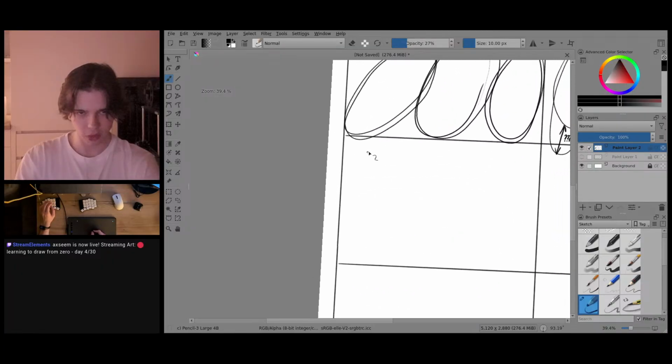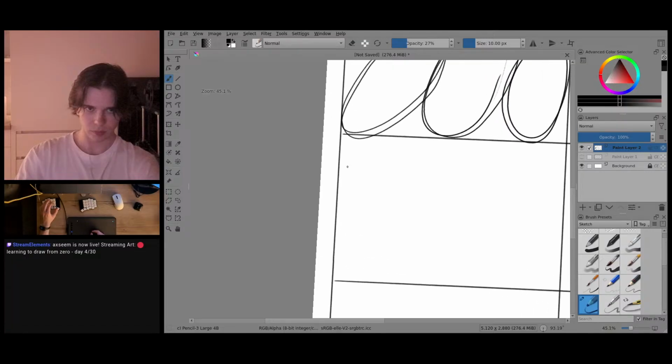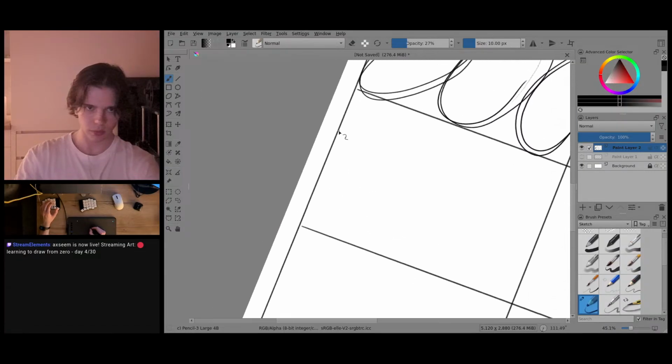Okay, let's actually try the narrow ellipses. Let's do it like that. Let's make it touch 3 lines at the same time.